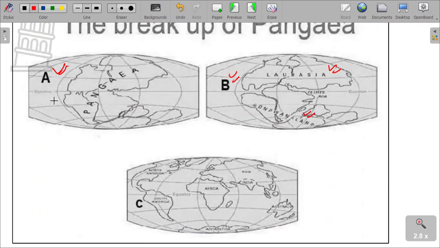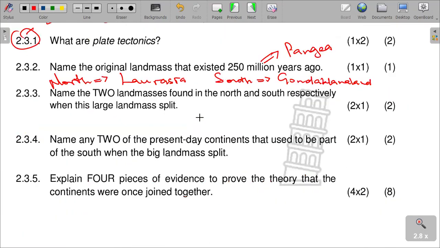This is before it splits, and here it is after splitting, forming one and two. As you can see there, it is before splitting and after splitting.